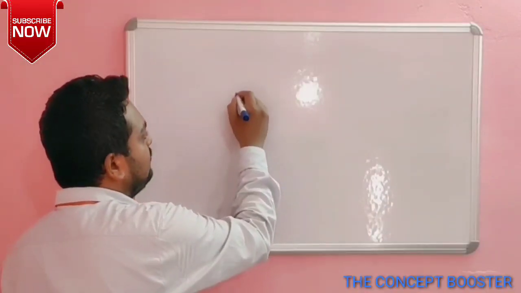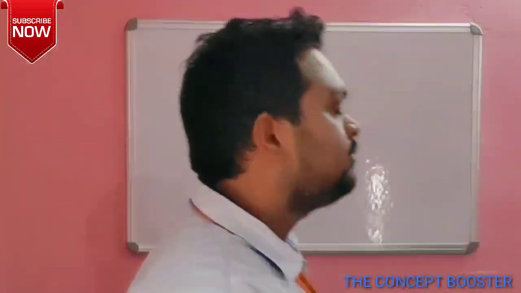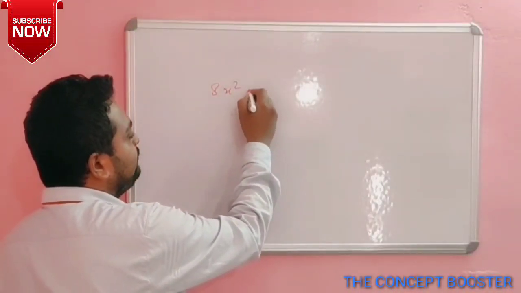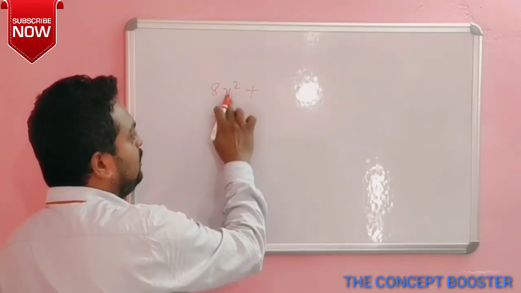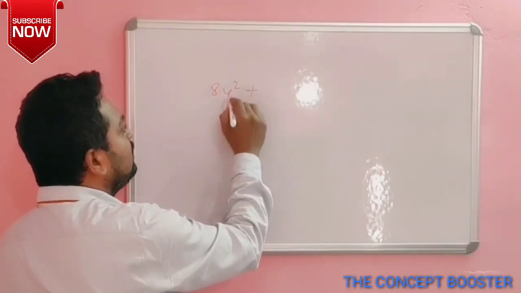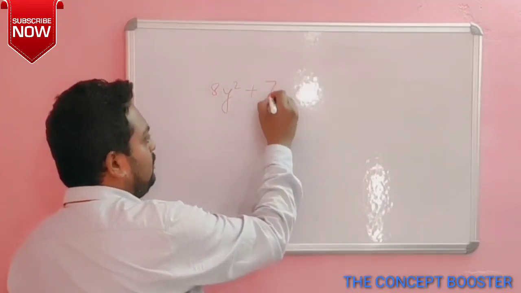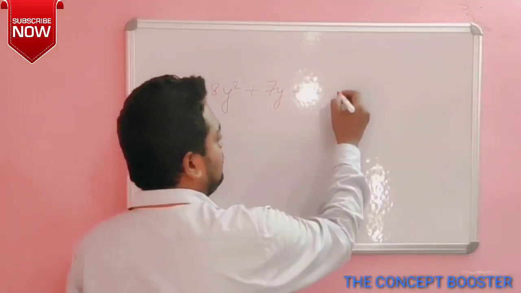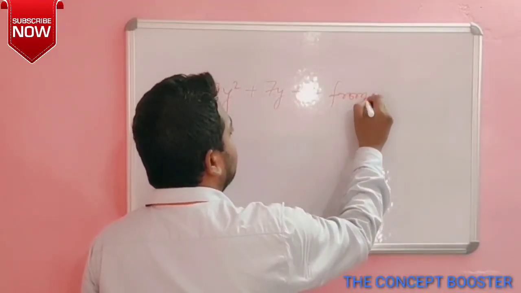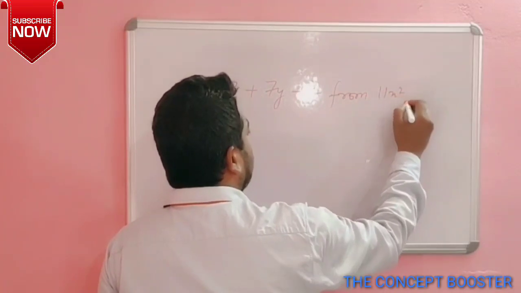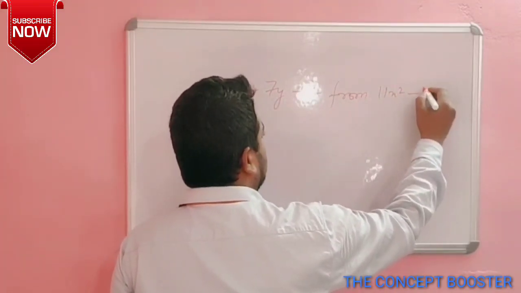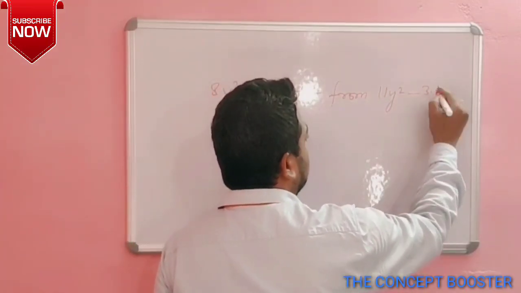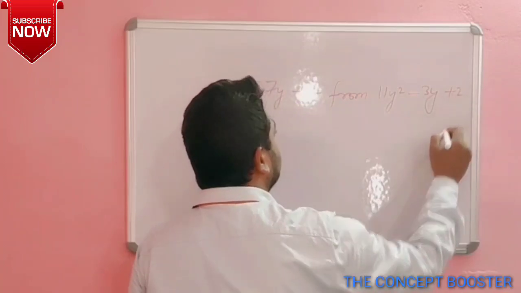So suppose we have to subtract 8y square plus 7y plus 2, and you have to subtract this from 11y square minus 3y plus 2.